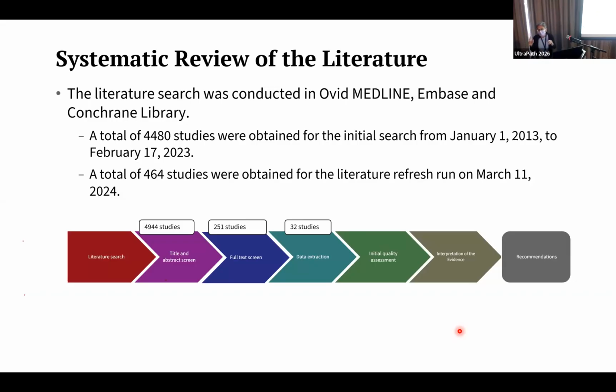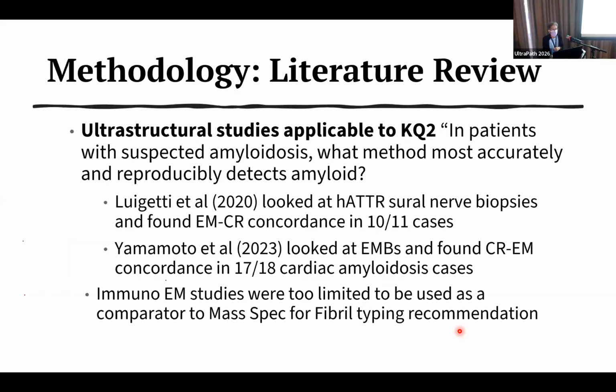We took 464 articles through abstract and title review, and then came up with 32 total articles that underwent full text review. The ones that were applicable to ultrastructure: cerebral nerve biopsy and hereditary transthyretin amyloidosis, EM Congo red concordance in 10 of 11 cases.